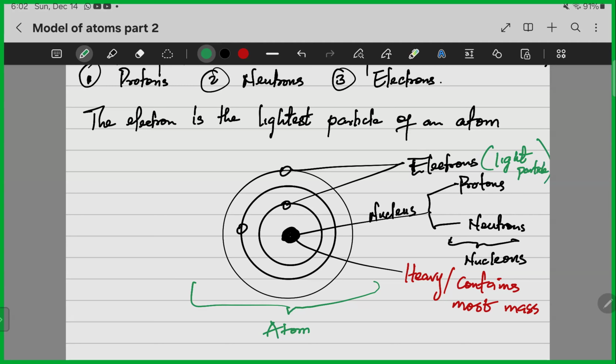So that's for the reason why we have... I'm going to break it down for you. Their masses, I'm going to give you in terms of number.